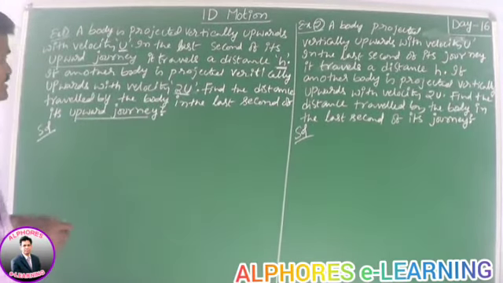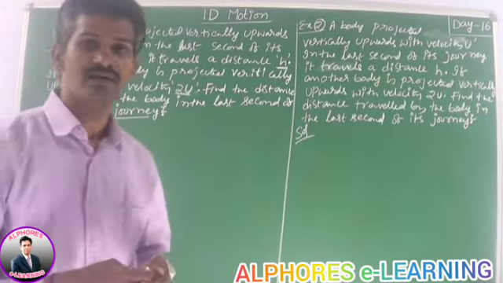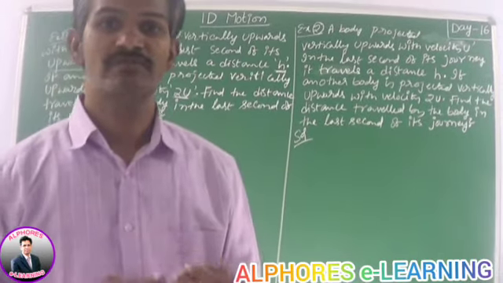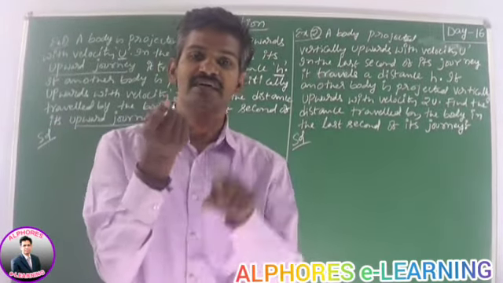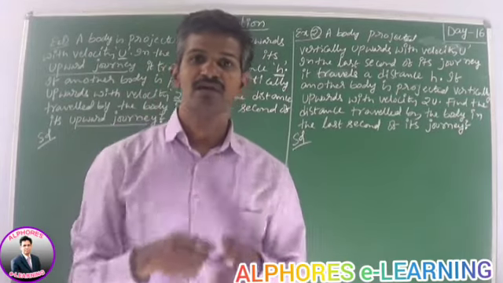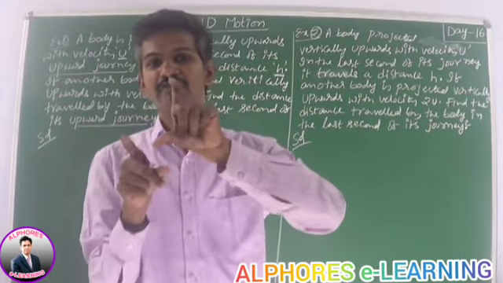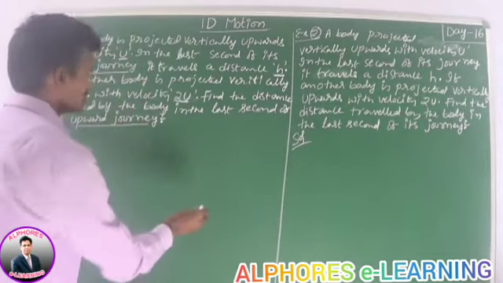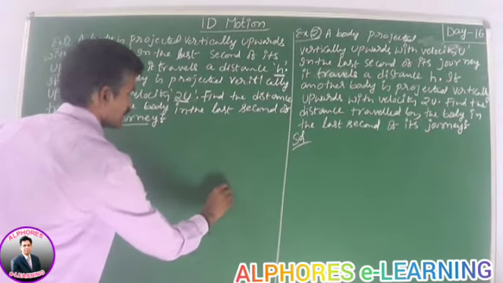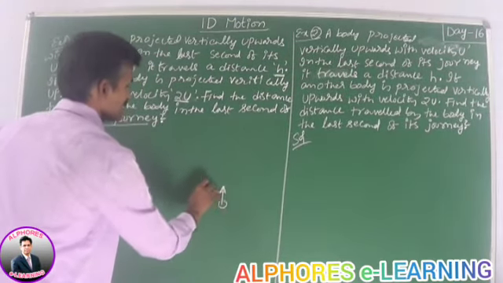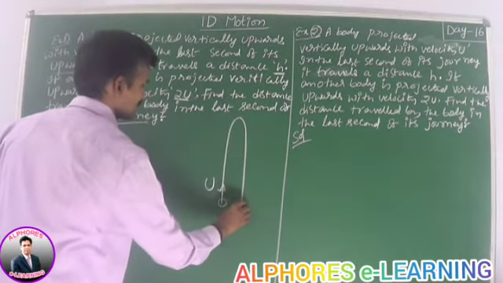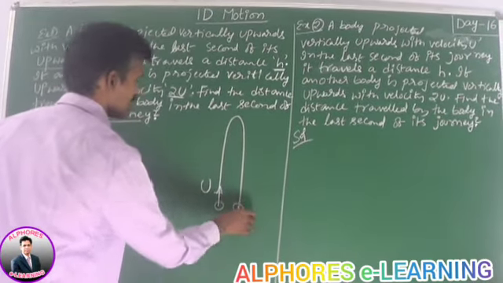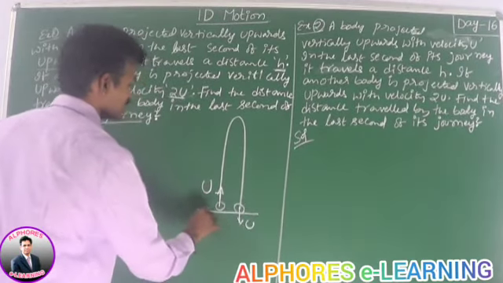This is the question. To solve this question, we already know in case of a body projected vertically upwards, time taken by the upward journey is equal to time taken by the downward journey. For example, this is the upward projected body with the initial velocity u. It travels like this and it reaches the ground vertically downwards with the same velocity.